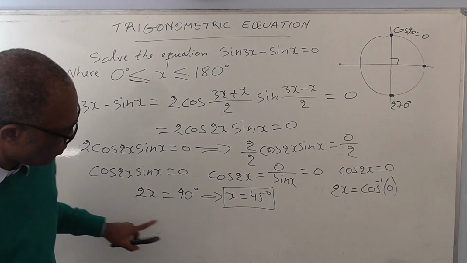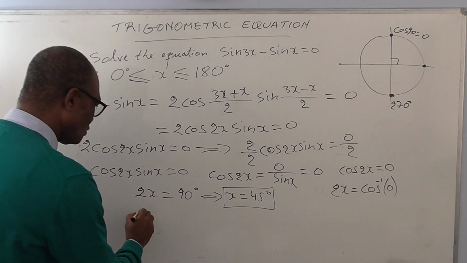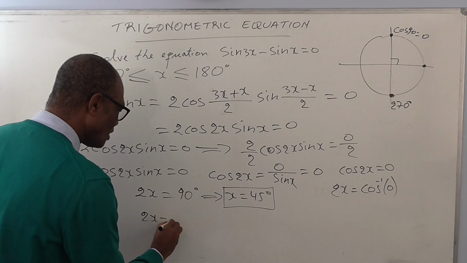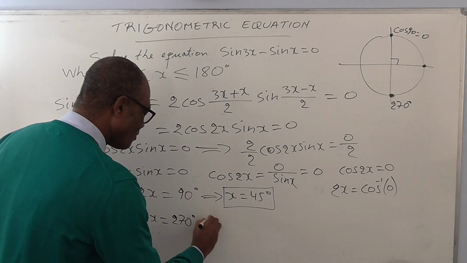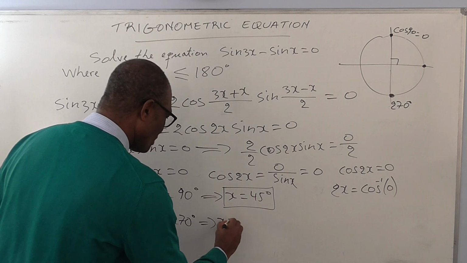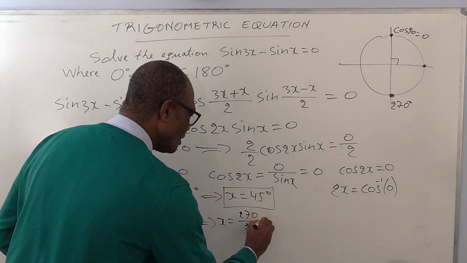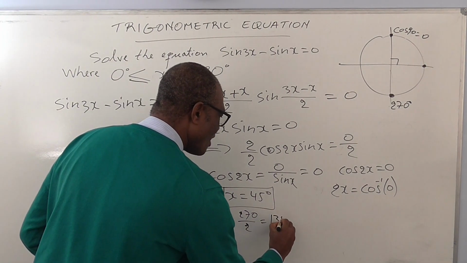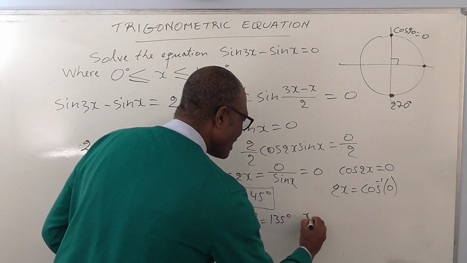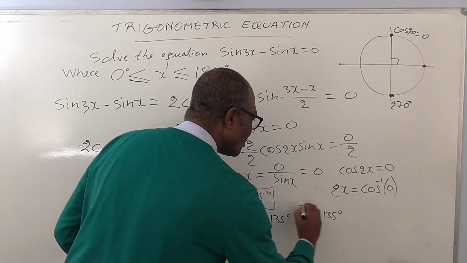If we're going to write here, 2x is equal to 270 degrees. That means x will be 270 divided by 2. This will give what? 135 degrees. That means x is 135 degrees.